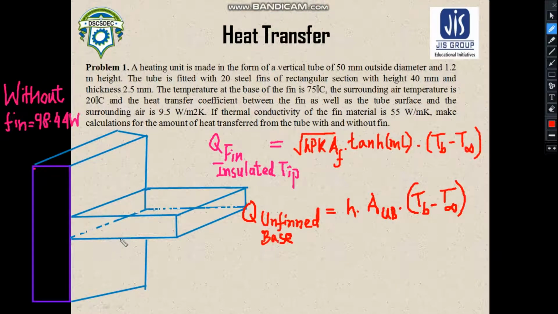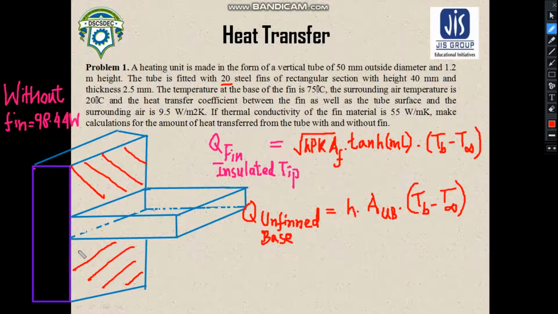Now you need to understand the special case here. When a fin is attached to this base, this is the area, or you can say this is the area of the base which remains unfinned. Here you can see that there are 20 steel fins.